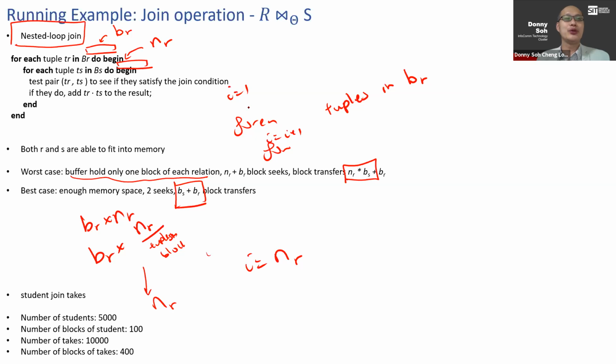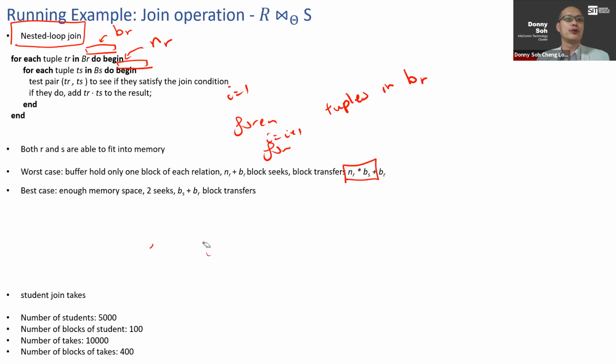So maybe I can explain in this way. If we look at that from a for loop point of view, the number of times this part runs is equal to NR.